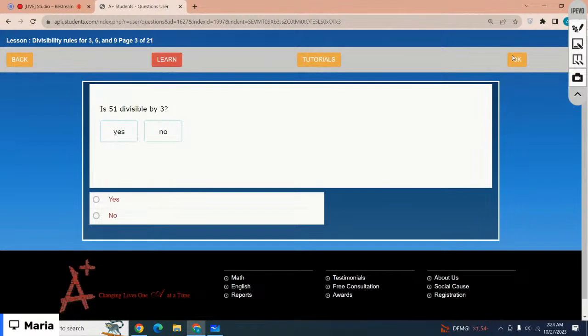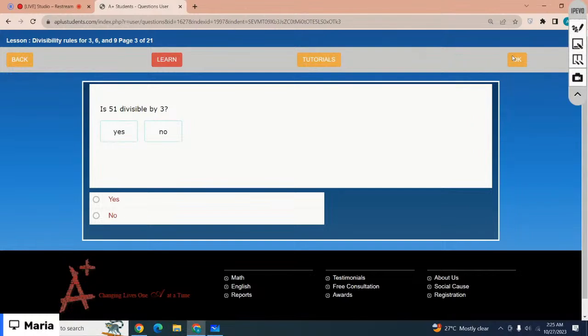Is 51 divisible by 3, which is the correct option? 51 is divisible by 3.